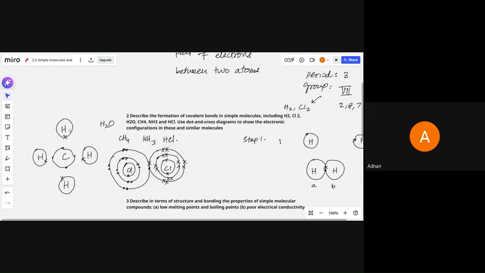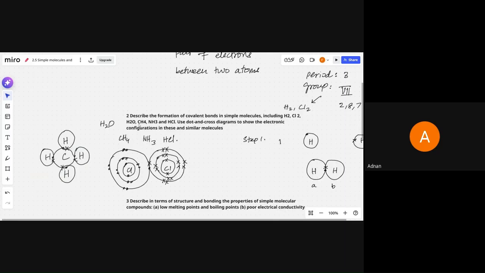So now here you can see a shared pair of electrons, and here this hydrogen is also sharing, and in turn carbon is also sharing its electron with this hydrogen. So now two electrons are being shared on this side, and like this, right? So this is how you draw the dot and cross diagram for methane.